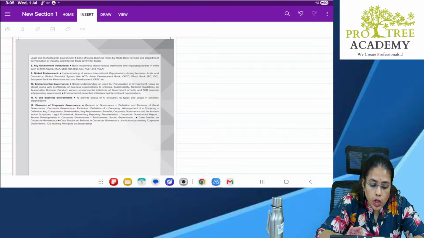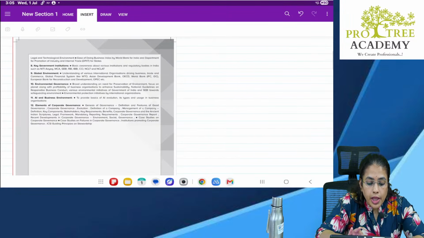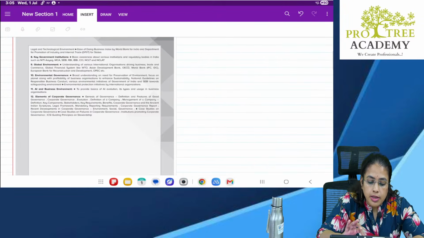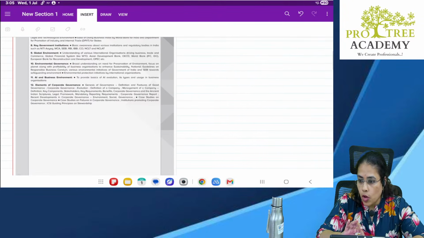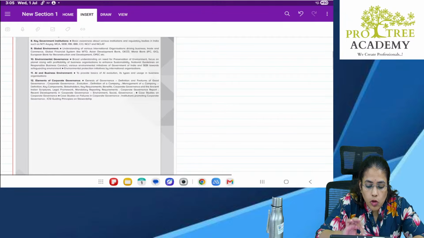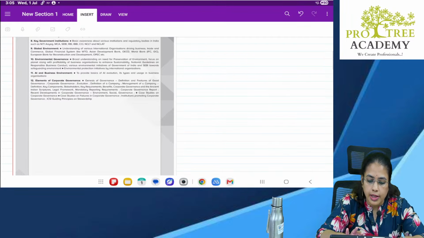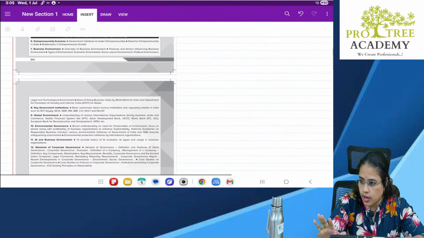Then global environment, how the global environment is altogether. Then environment governance, then AI and business environment, which is very much the need of the hour. Everybody is talking about AI. Then elements of corporate governance. These are the things we will be covering in the future classes.